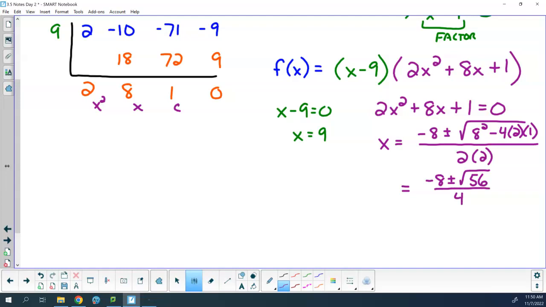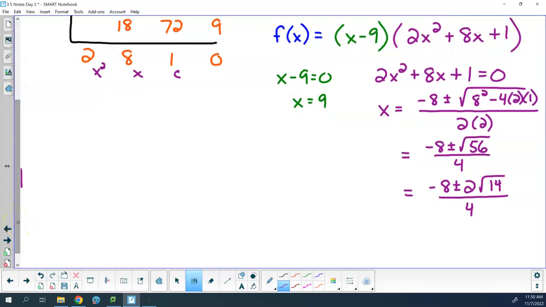Can the square root of 56 be simplified? To what? 4 and 14? Yeah. So then this would be negative 8 plus minus the square root of 4 is 2, the square root of 14, all over 4. With my outside numbers, they can all be divided by 2.